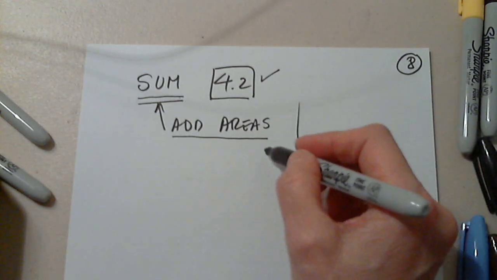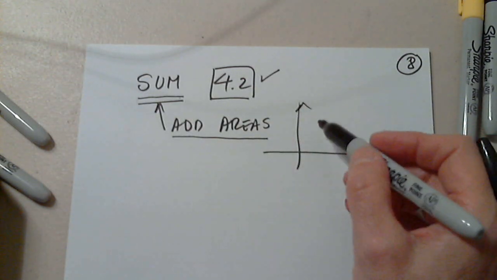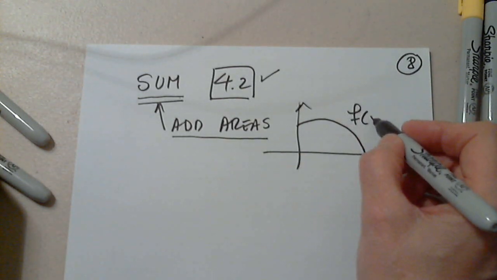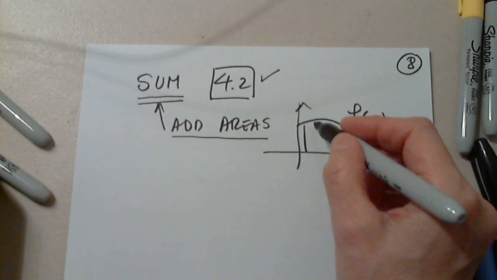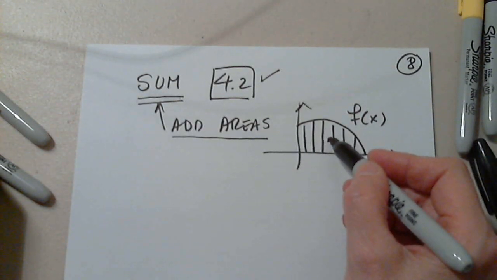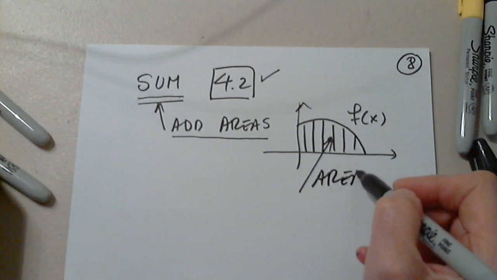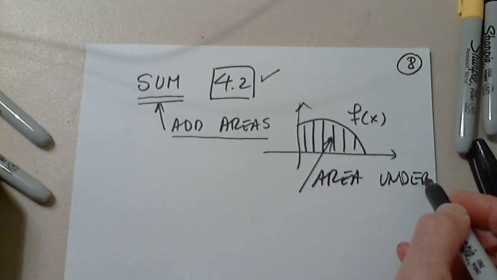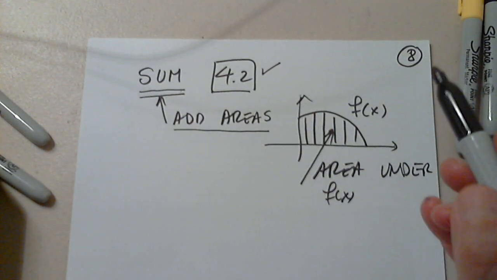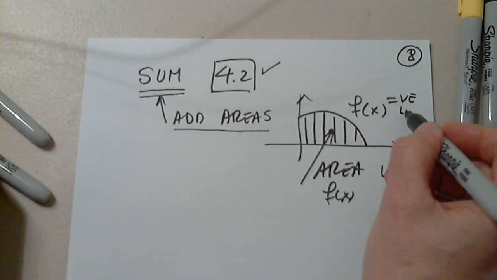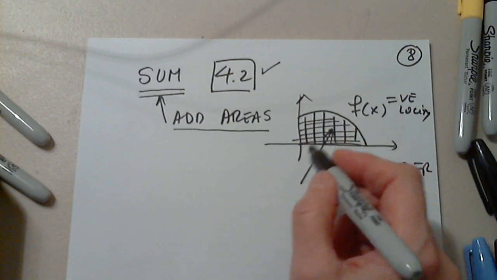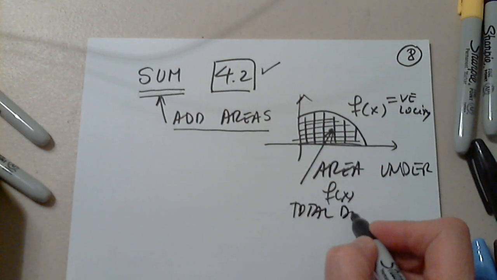So if we have a graph, let's say this is a graph of a function. If we determine the area under this graph, area under f of x, if this is velocity, we will get the total distance.